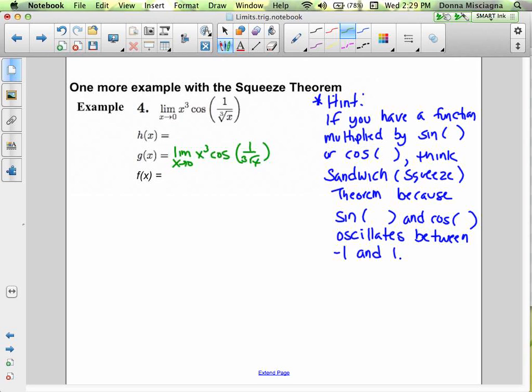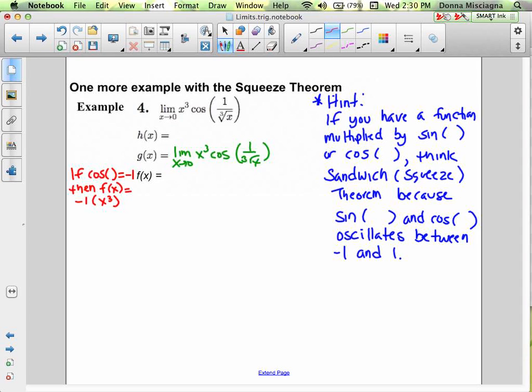All right, so now let's make f of x the least our function can be. And the least is going to occur when cosine blop equals -1. If cosine blop equals -1, then f of x would equal -1 times x cubed.